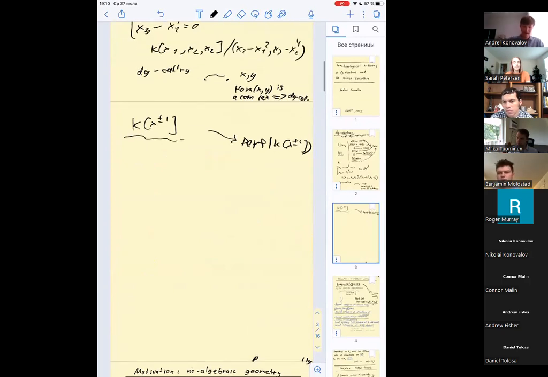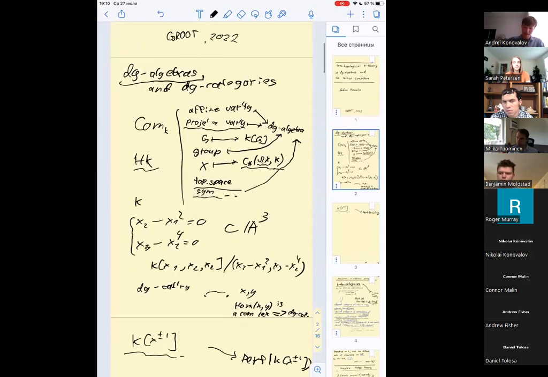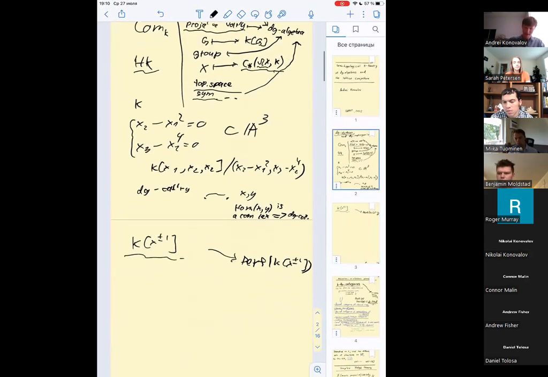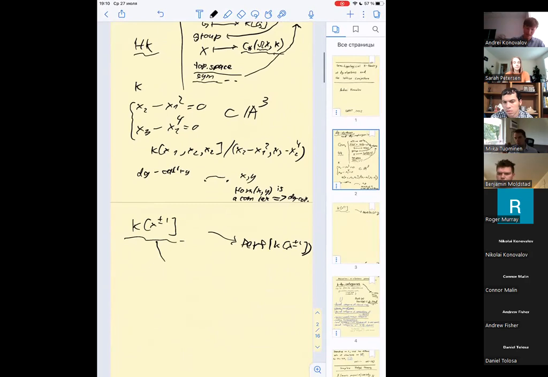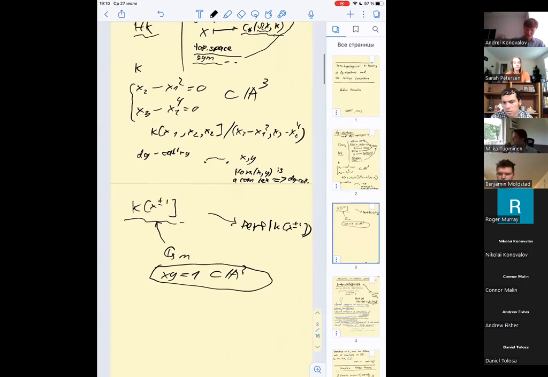And this scheme appeared already three times on this board. For example, one can consider this as the algebra corresponding to G_m, which is basically the affine variety given by the equation xy = 1 inside A^2. So if you consider the linear functions, it's k[x, y] modulo xy - 1, and it's isomorphic to this guy.